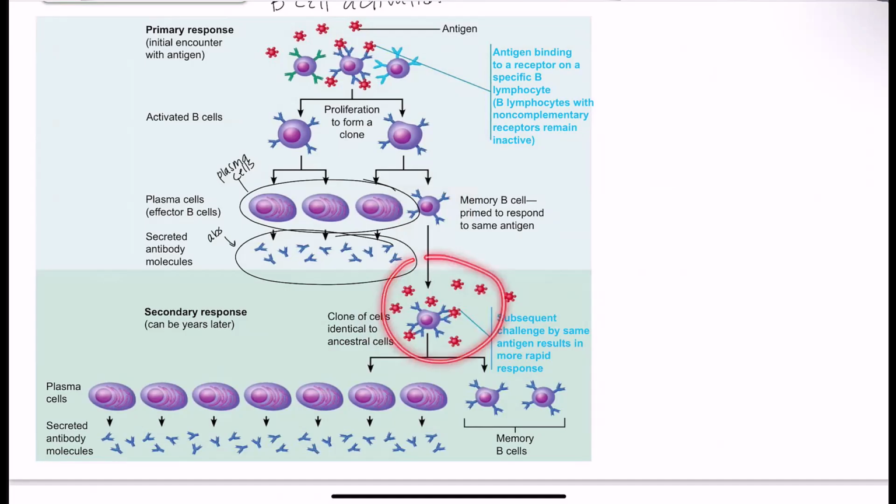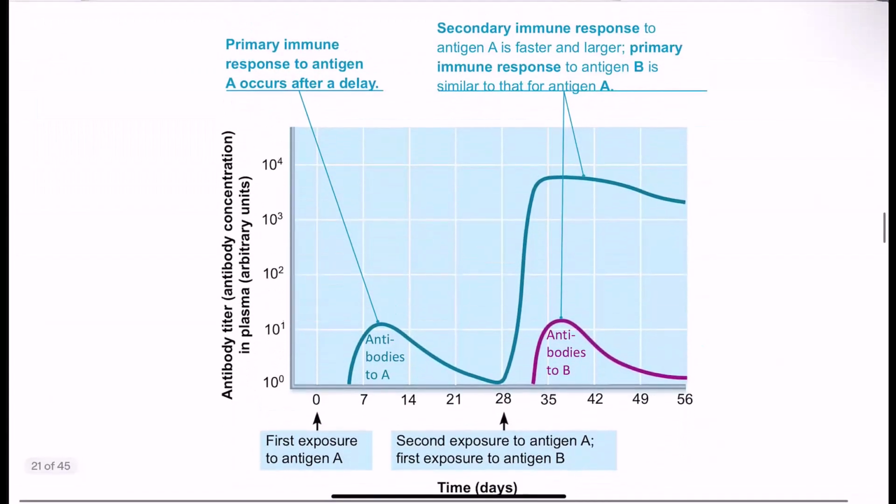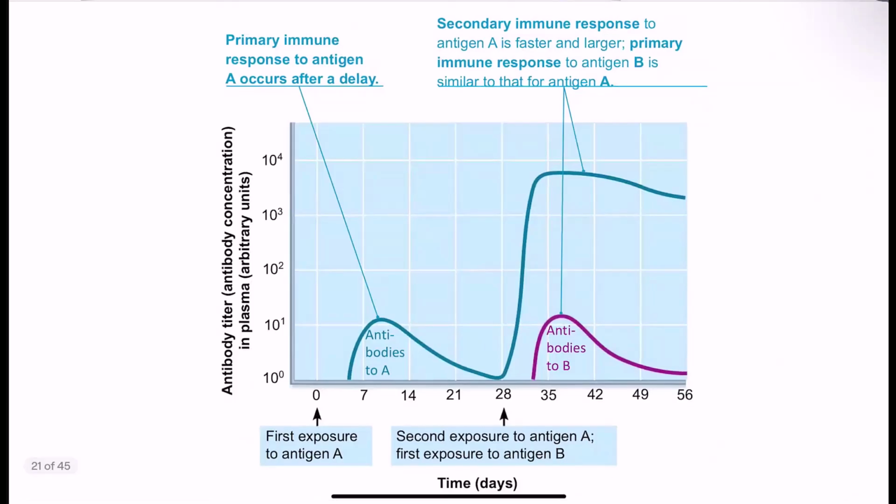We'll recognize the antigen and then start this process over so fast. And that idea, that when we see an antigen again our reaction is faster and easier, is called establishing immunological memory.